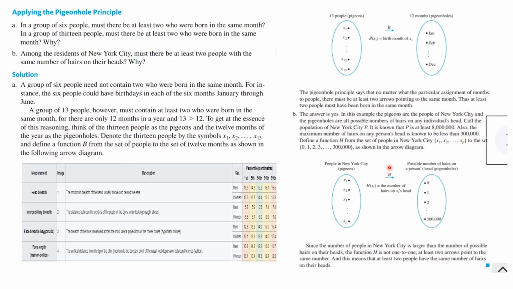So we can define a function from the set of people in New York to the numbers 0 through 300,000, and that's what we have here. Since the number of people in New York is larger than the number of possible numbers of hairs on their head, this is not one-to-one, and that means at least 2 arrows point to the same number. This means that at least 2 people have the same number of hairs on their head.